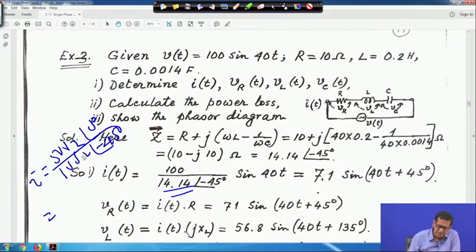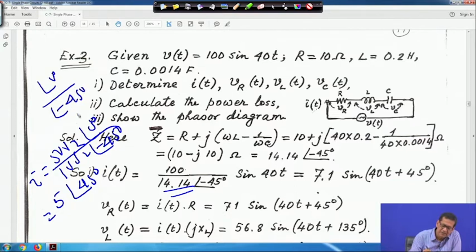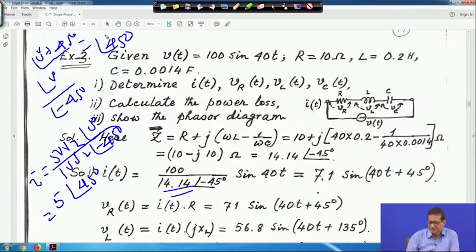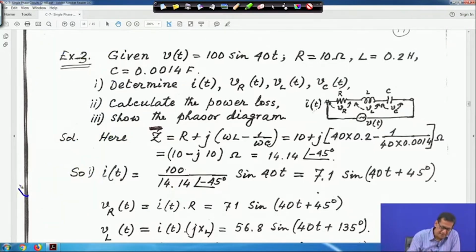That means root 2 will be cancelled, it will be 5 angle 45 degree because angle 0 degree by angle minus 45 degree will go up with plus sign. So, it will be 0 degree plus 45 degree, angle 45 degree. That is why this current, the RMS value, is 5 angle 45 degree. Now, let me clear it. So, current I is equal to 5 angle 45 degree.